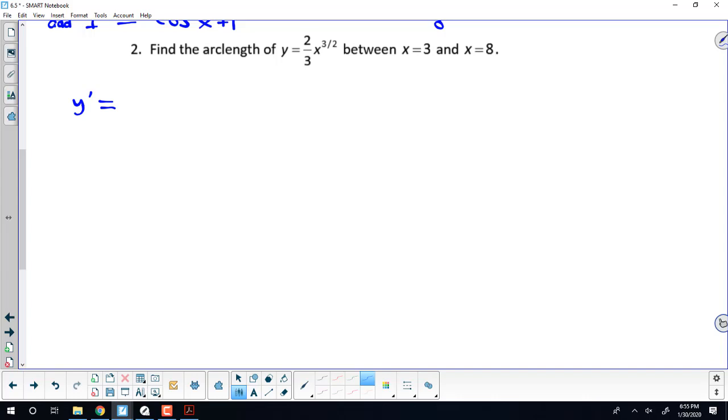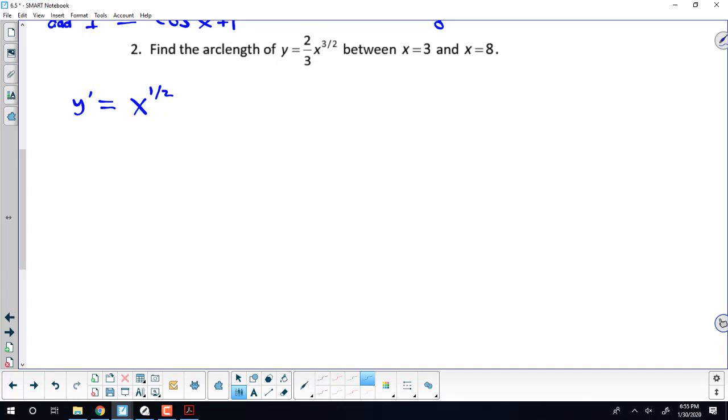X to the 1/2. What do y'all think? So for the derivative, we've got to move the power down, multiply, and then subtract 1 from the power. 2/3 times 3/2 times x to the 3/2 minus 1, or 2/2.